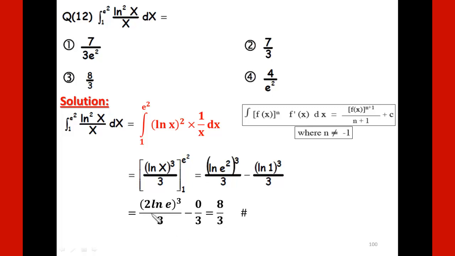Again, 2 multiplied by ln e, ln e equals 1. So we have 2 power 3 over 3 minus 0 over 3, which equals 8 over 3. And this is the end of the problem.